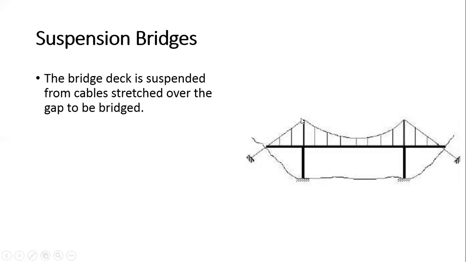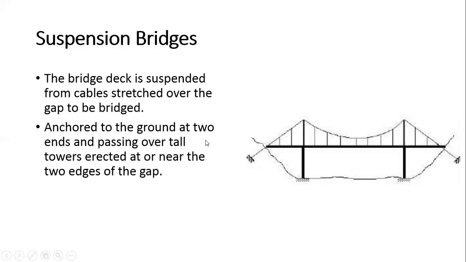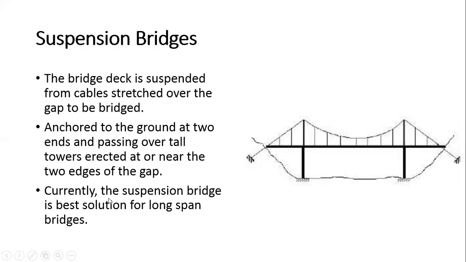We have a pulley here and we have a mechanism to anchor these cables here and here. So this is called your suspension bridge. Currently, the suspension bridge is the best solution for long span bridges, among the various solutions which we have discussed previously.